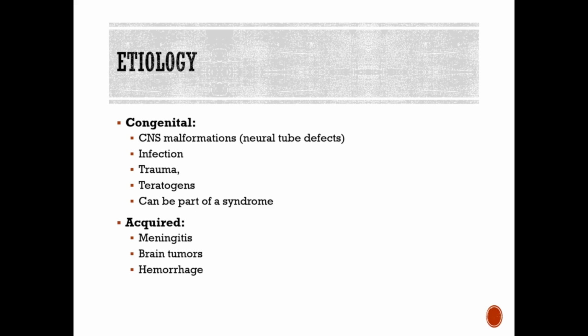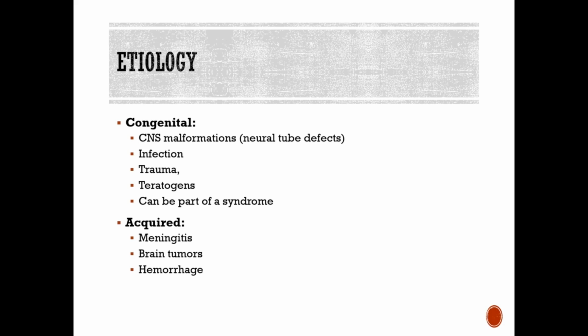This is seen in non-obstructive or communicating hydrocephalus. Or you're going to have obstruction to the flow of cerebral spinal fluid through the ventricular system, and that's with obstructive or non-communicating hydrocephalus.